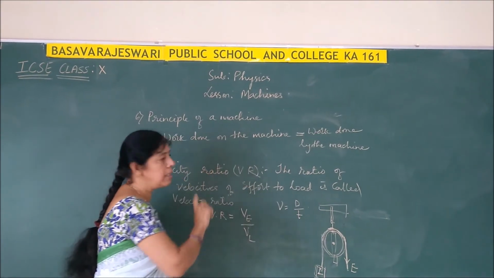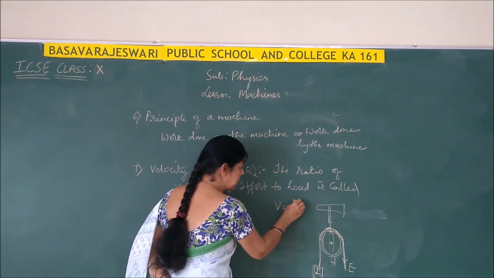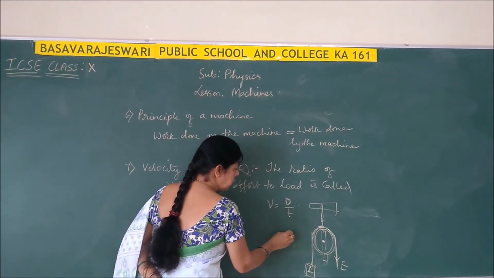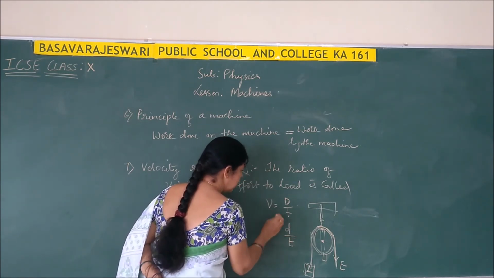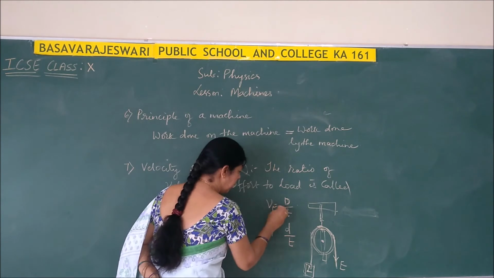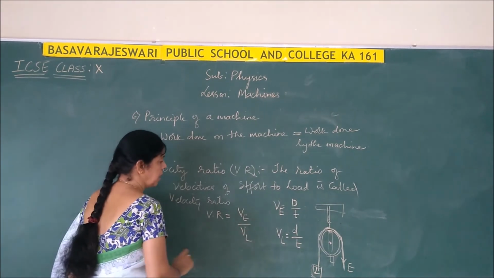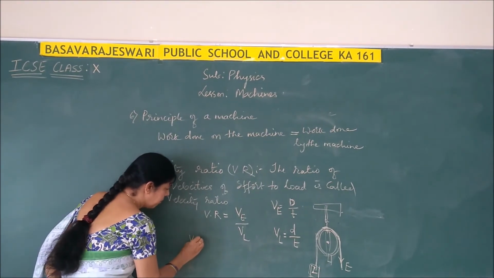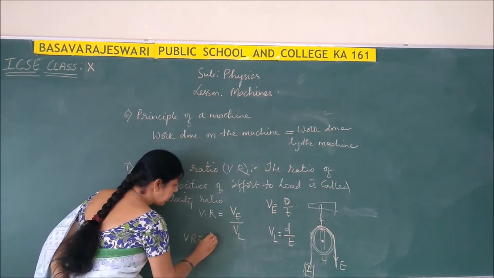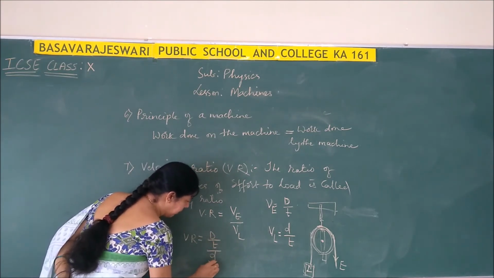Already in previous definition I told you, the displacement of effort is to be represented by capital D and the displacement of load means you have to represent by small d. So, this is velocity of effort, this is velocity of the load. Now, I will substitute here the velocity of effort and velocity of load. Look here, velocity ratio will be equal to D by t divided by d by t.